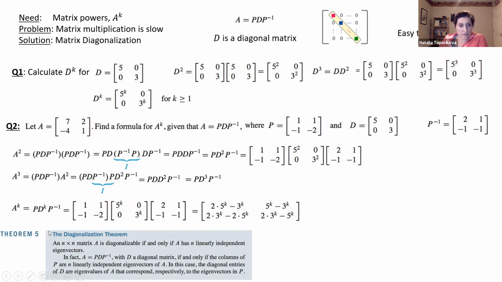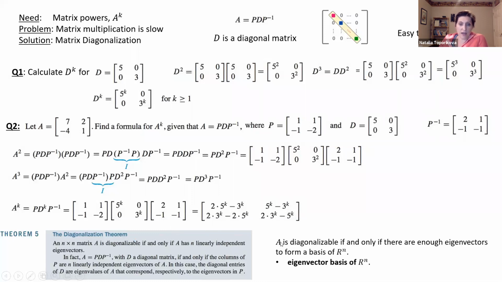Actually, Theorem 5, the diagonalization theorem, gives us very important conditions for diagonalization. For an n by n matrix A to be diagonalizable, it requires that it has n linearly independent eigenvectors. So basically, our matrix A is diagonalizable if and only if there are enough eigenvectors to form a basis of Rn.